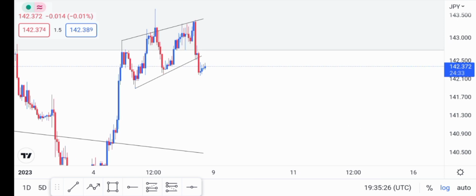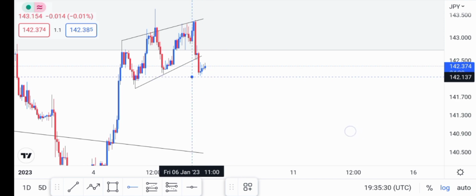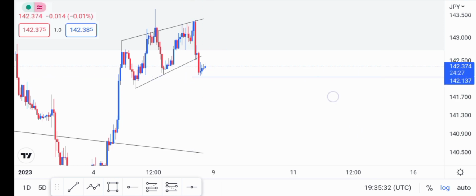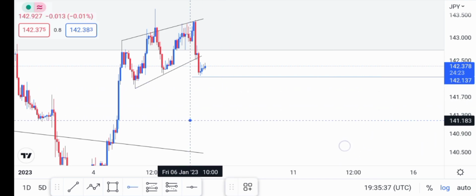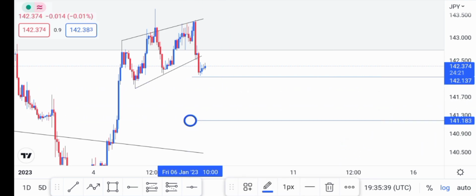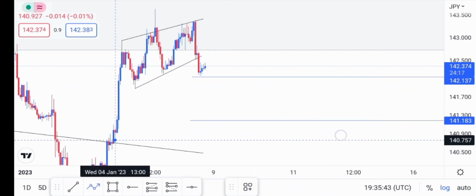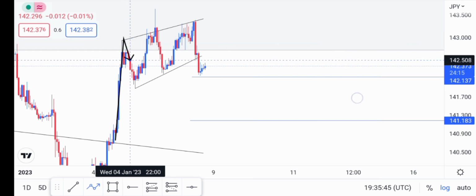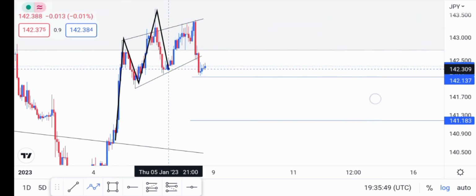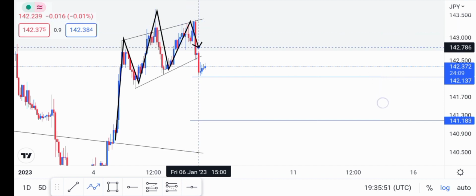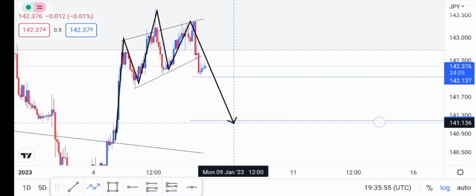For now, if you're going to trade this, we should enter a little bit around this area here and capitalize up until right over here for the sellers, because of this head and shoulder formation that I've shown you guys. You did see a lot of head and shoulder formations in many patterns, so I just hope I'm not faked out.